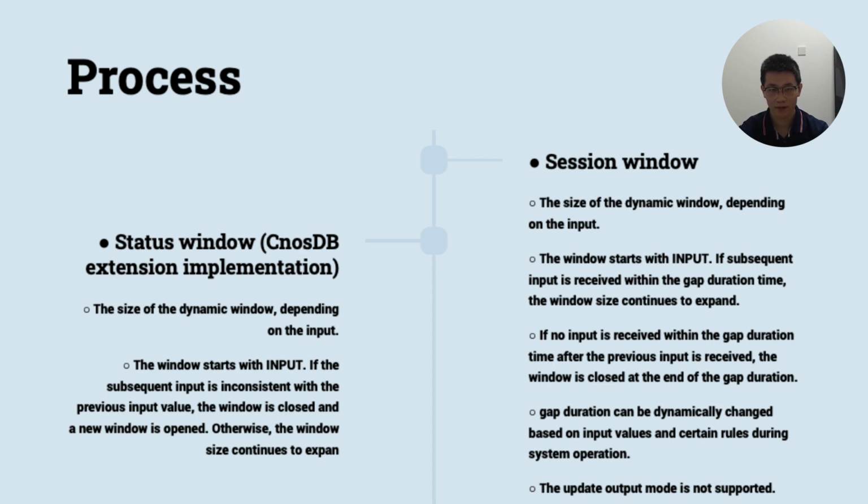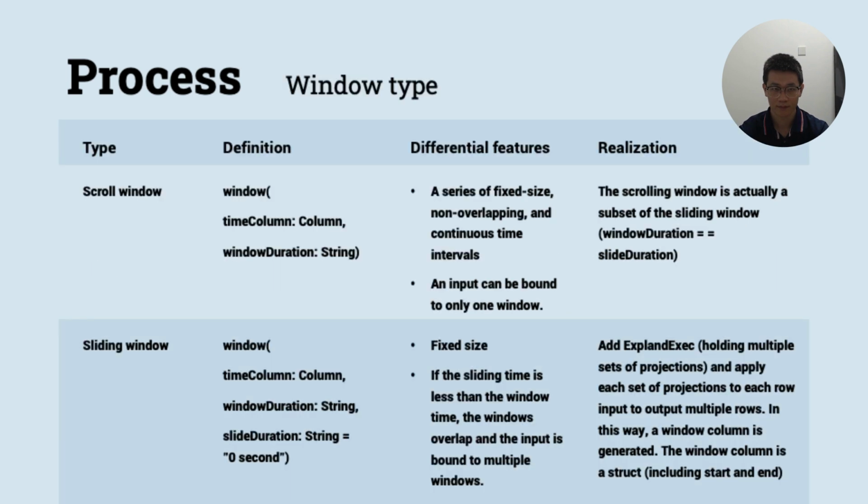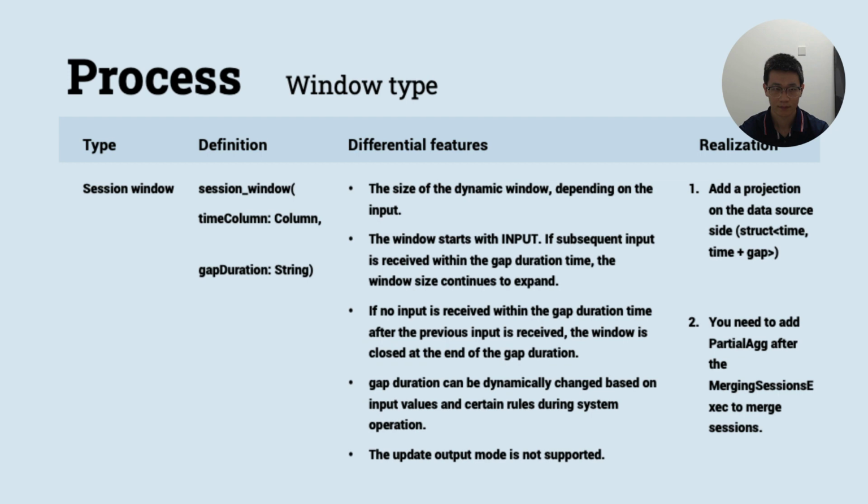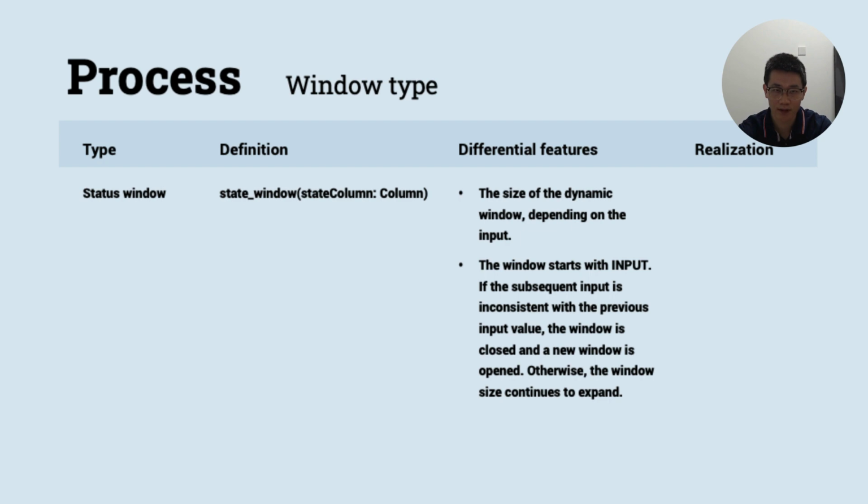Now let's move on to each type of window: its definition, characteristics, and implementation. As we mentioned earlier, we gave a rough overview of what the windows are like, so we won't go into the details here.